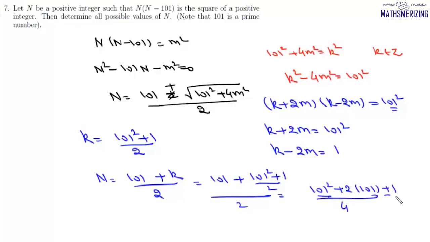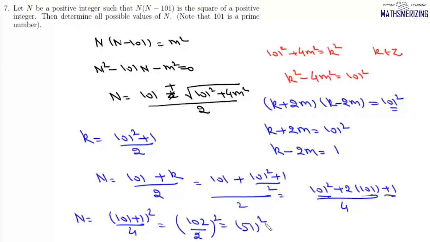Now this is a square plus b square plus 2ab. So this n will be simply 101 plus 1 whole square upon 4, or we can write this as 102 upon 2 whole square, which is 51 square. So the only possible value of n in this case is 51 square, and that is the answer to this question.